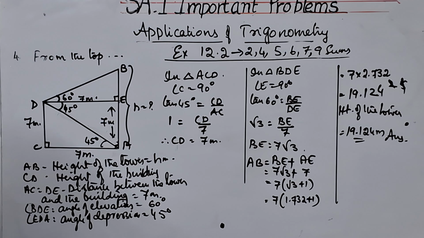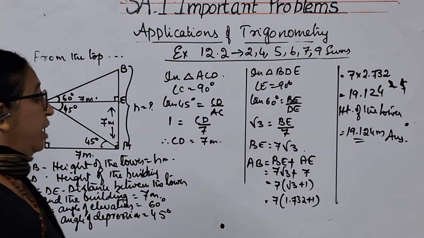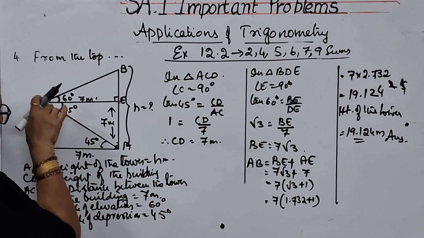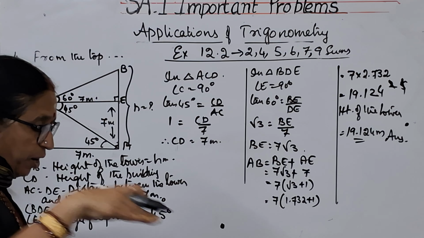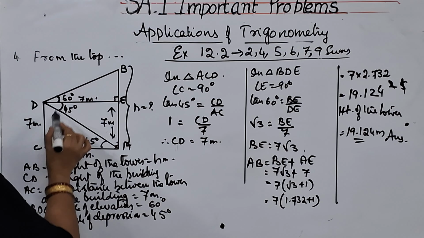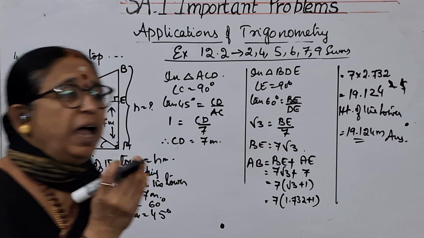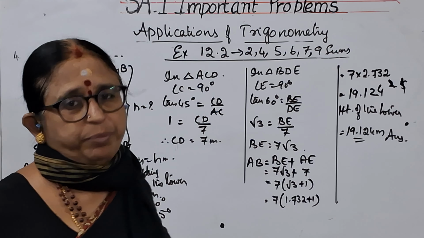So, children, you may have a doubt here in angle of depression. Angle of depression means from this down. When you see down, what is the angle made? That is angle of depression. Angle of elevation is the angle made when you are looking up.